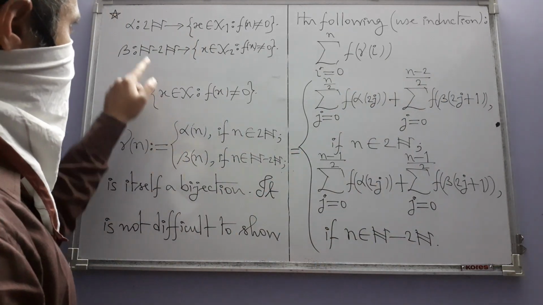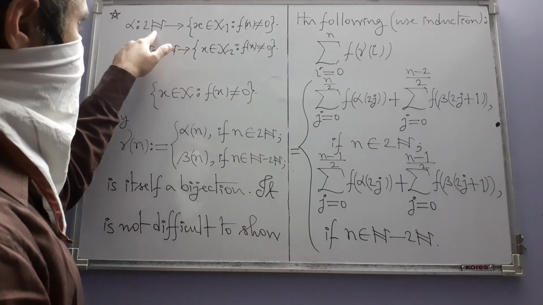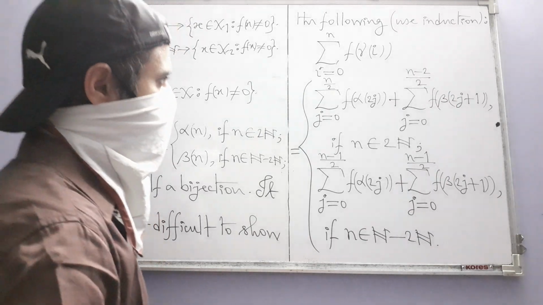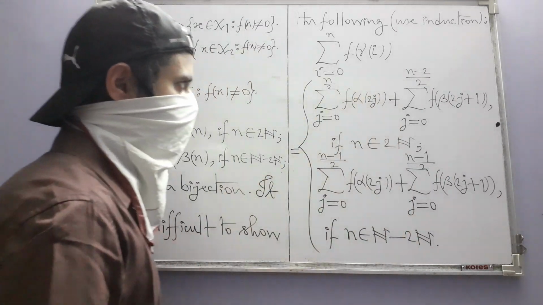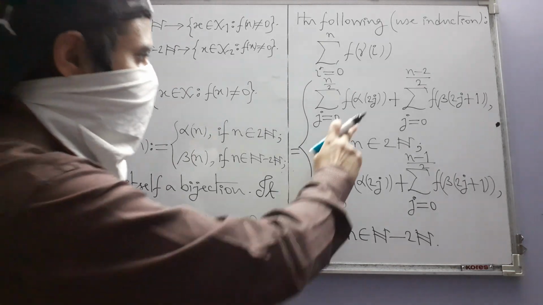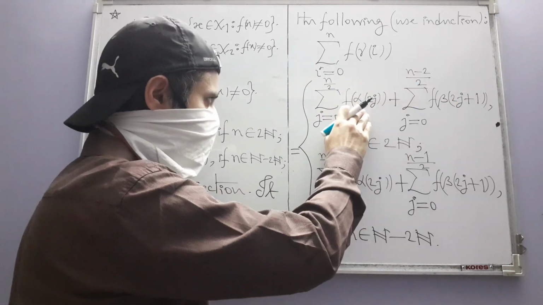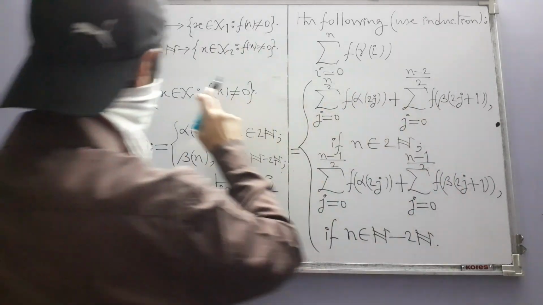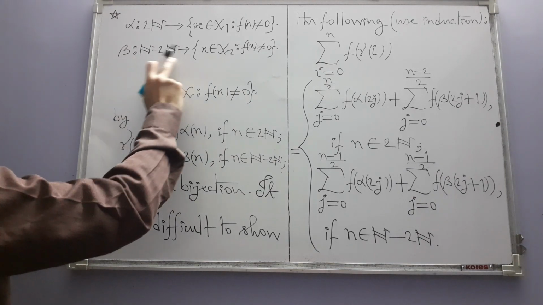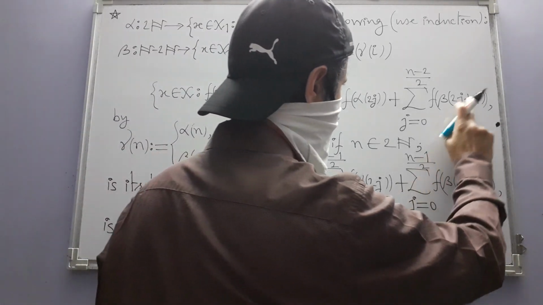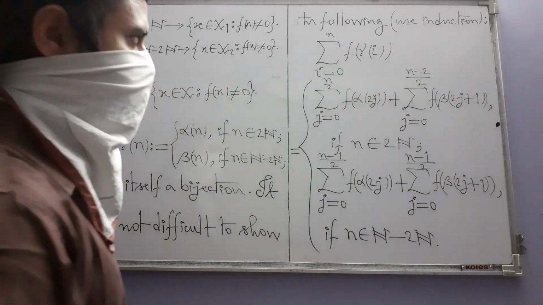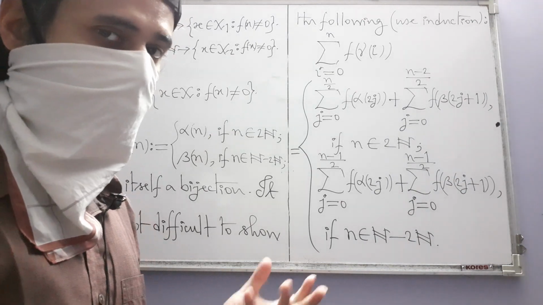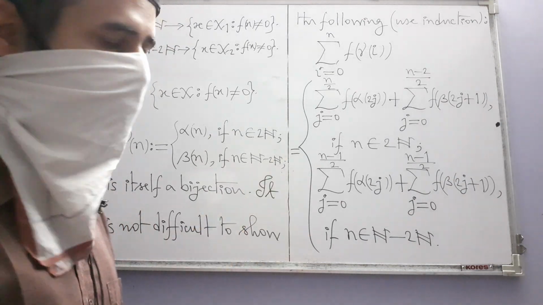Now you can see one thing, that alpha is a function whose input is an even natural number. So that's why we have 2j here, because otherwise it would not make sense. Just like that, the input of beta is an odd natural number, so we have 2j plus 1. And the variations, of course, there is nothing to say unless we go for proving it, or we see some cases in which these formulas are true.